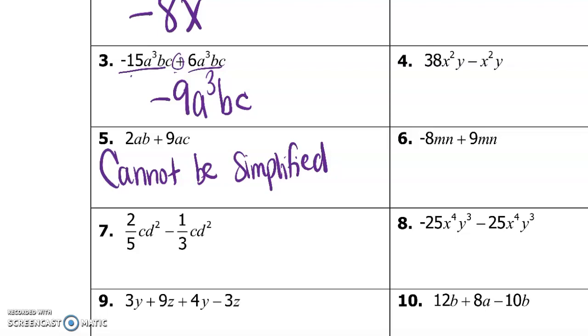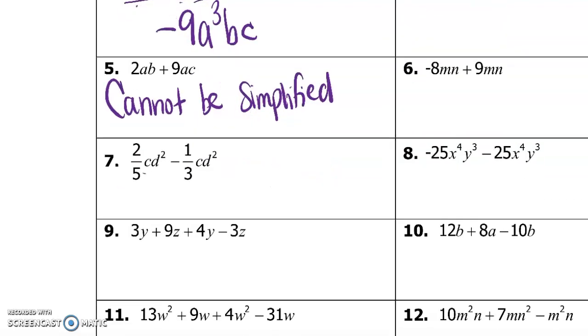It looks a little scary because of the fractions, but again, CD squared matches. So you need to take 2/5 minus 1/3. So those of you that have the calculators with the ABC button, you'll just type in 2 ABC 5 minus 1 ABC 3, or some of you have a fraction button. You should end up with 1/15, and then CD squared.